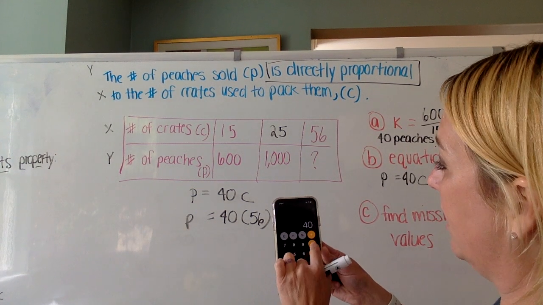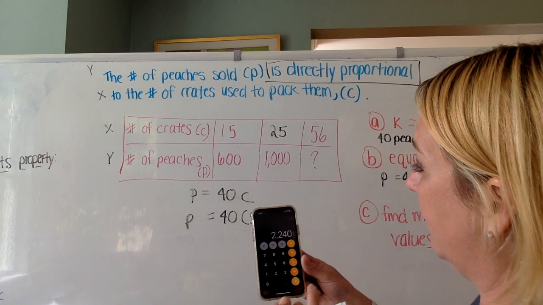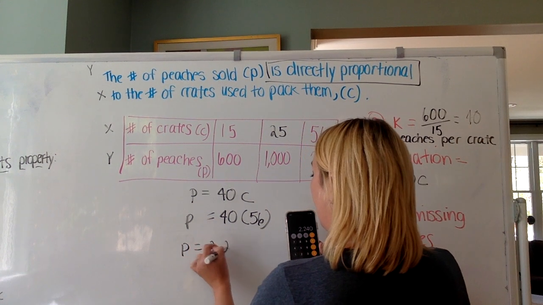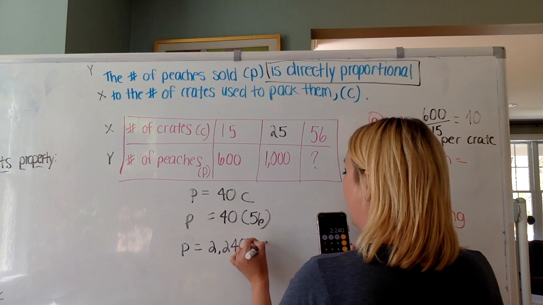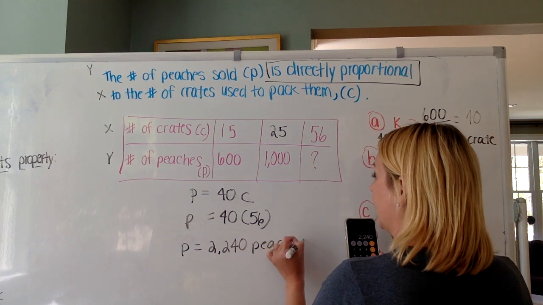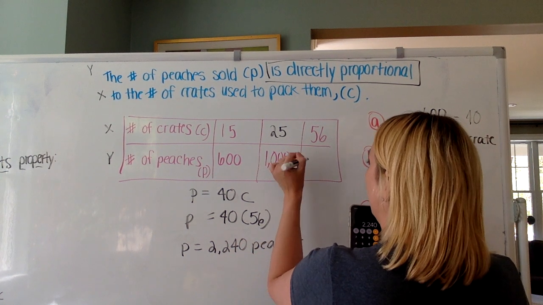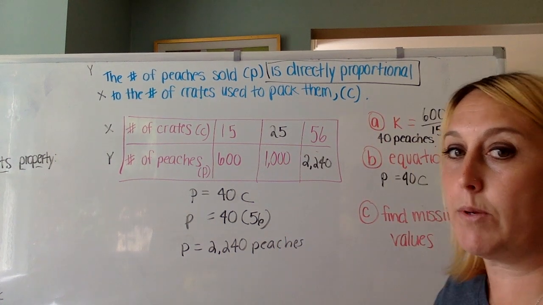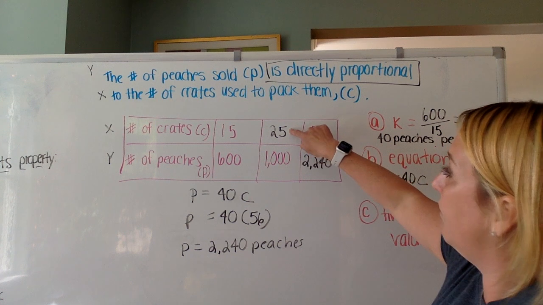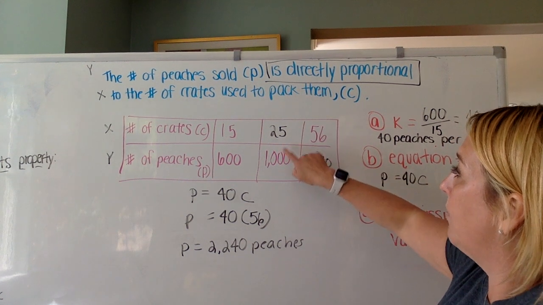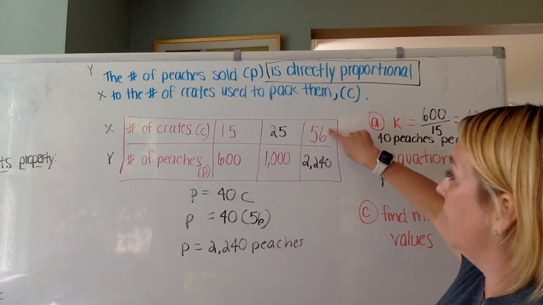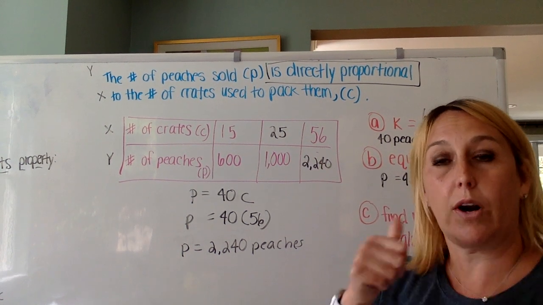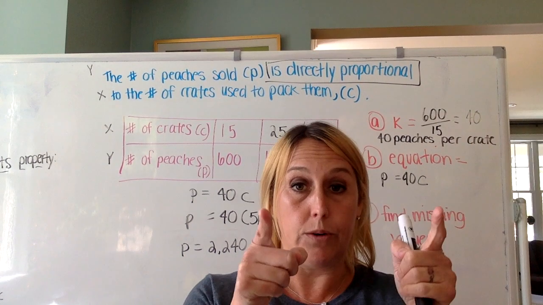If I do 40 times 56, I get 2,240 peaches. So I will put that up here. That makes sense if you look at the rest of the chart, because in 25 crates there were 1,000. We've more than doubled by going to 56, so our answer should be more than double 1,000, which it is. So we did it correctly. All right, you're going to try one on your own.